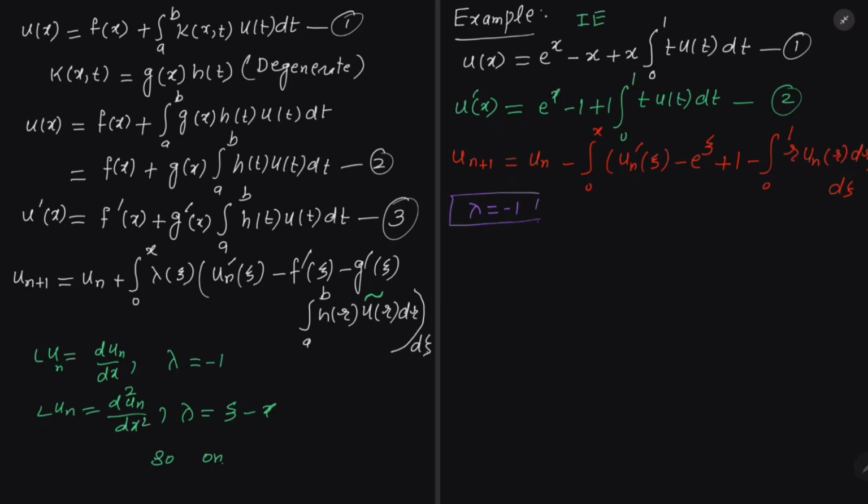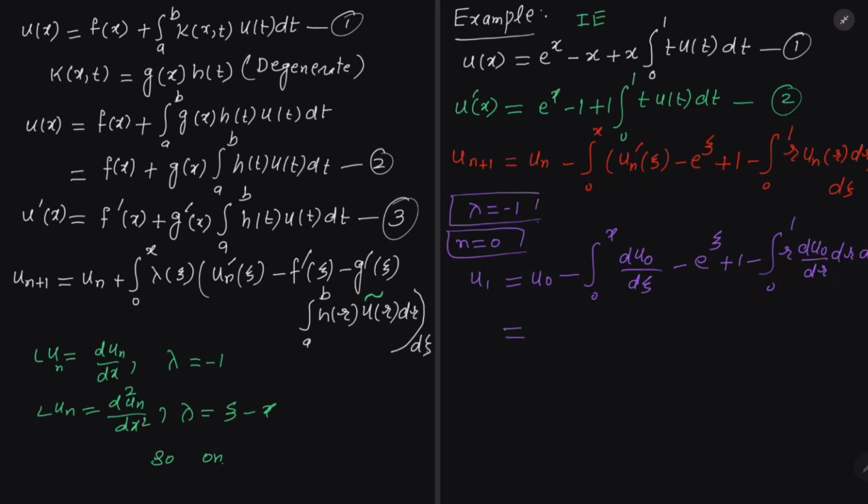That's what we have here. So from this, when n is equal to 0, we get u1 equals u0 minus the integral from 0 to x of du0 by dxi minus e raised to power xi plus 1 minus the integral from 0 to 1 of r du0 by dr, and we have dxi.